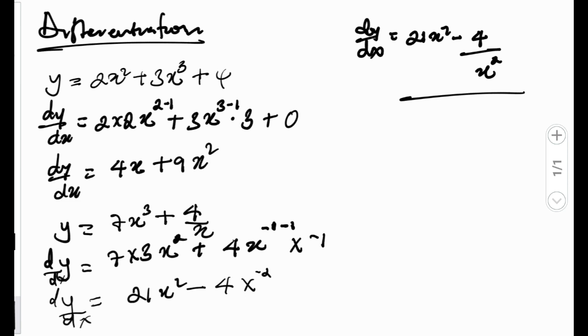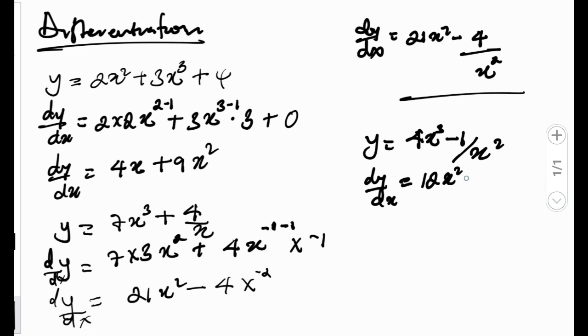If I have another example, y equals 4x cubed minus 1 out of x squared, dy dx would be equal to 12x squared minus, and we have x to the power negative 2, then after that it would be negative 3... times negative 2, and therefore I'd have 12x squared plus 2x to the power negative 3.